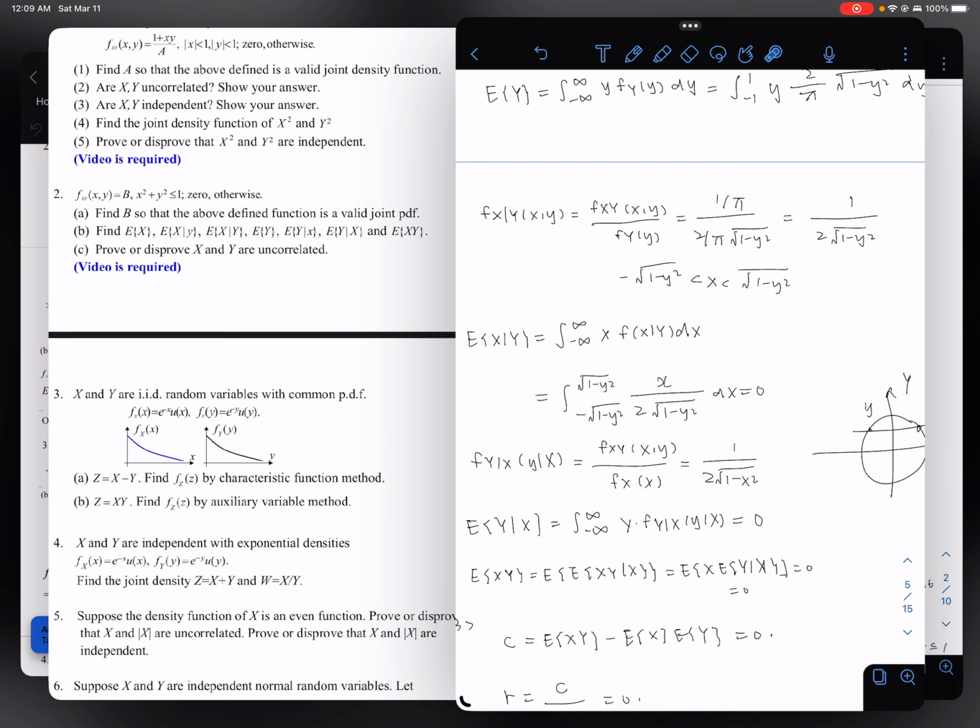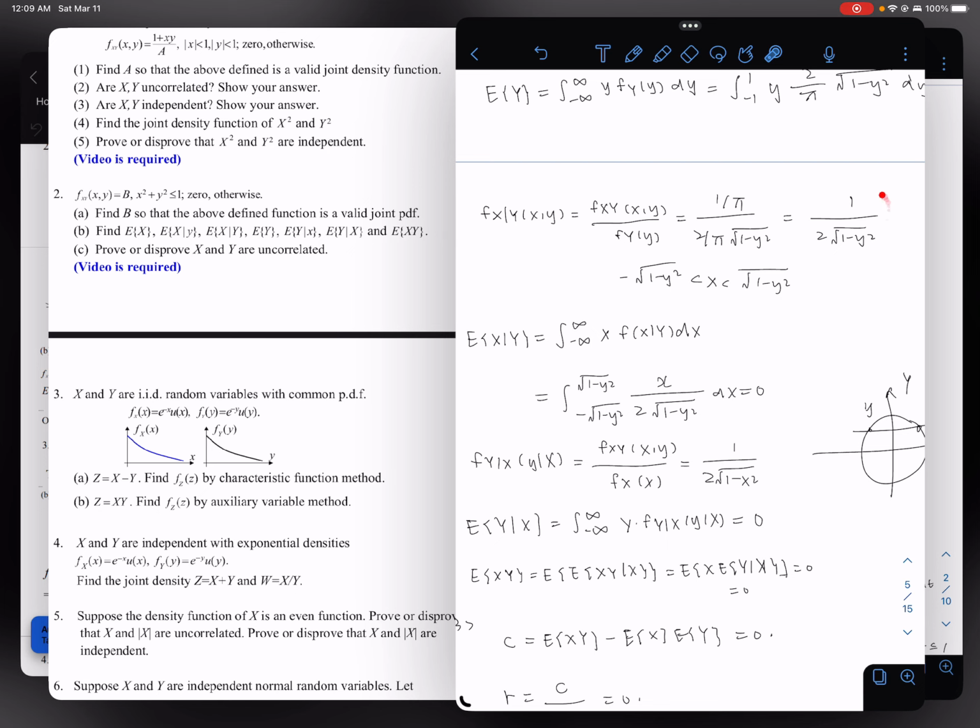The density function of x given y is defined as the density function of x and y over the density function of y.